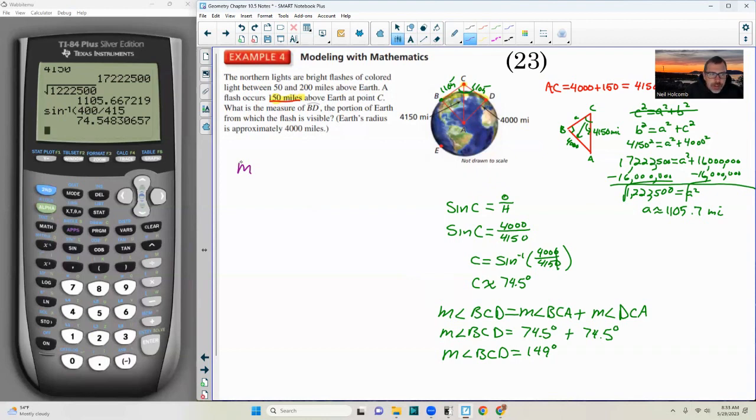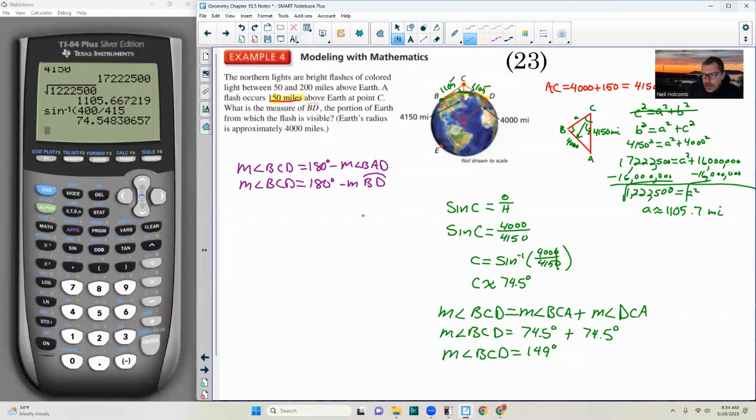All right, so we want the measure of angle BCD, which is an exterior angle with two tangents. So it is a circumscribed angle, and that equals 180 degrees minus the measure of angle BAD, which is my central angle. Okay. But the measure of angle BAD, since it's a central angle, equals the measure of arc BD. So I can say now the measure of angle BCD equals 180 degrees minus the measure of arc BD.